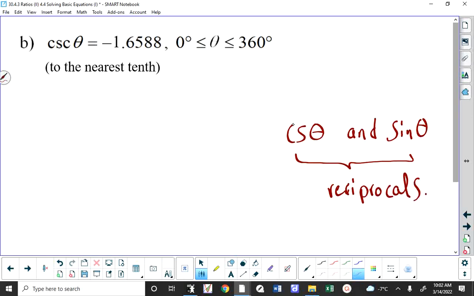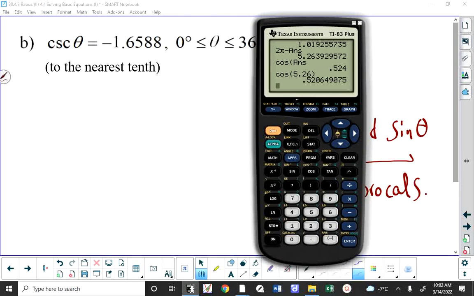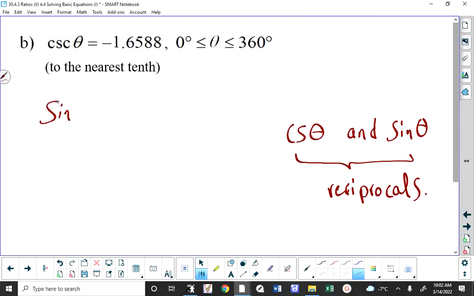So I'm going to take the reciprocal of that number, and I can change this to sine of theta equals 1 over negative 1.6588. And you know what, everybody? I don't care what that number is. I guess we could calculate it, but I don't care.